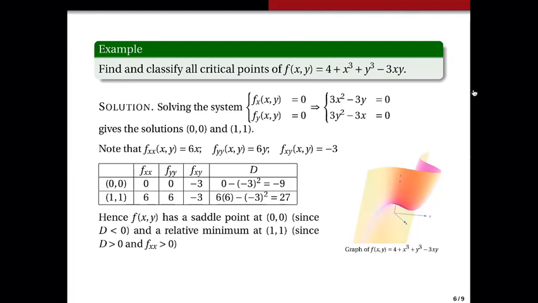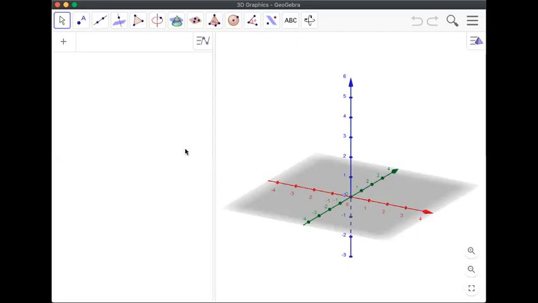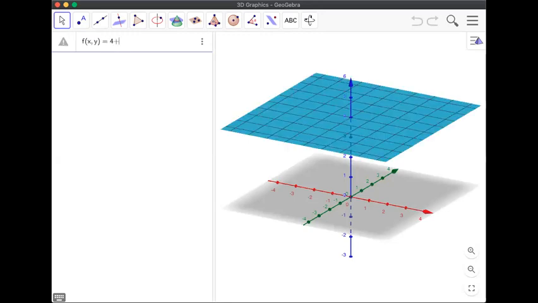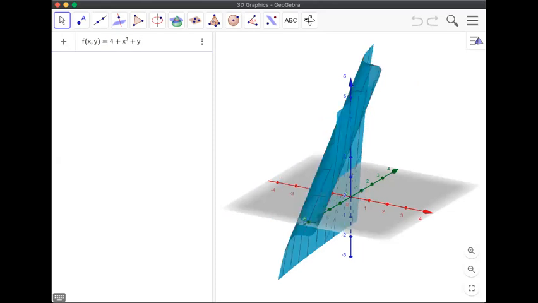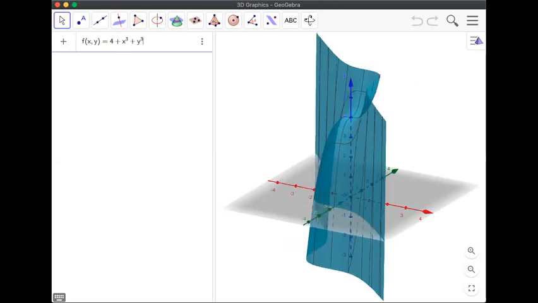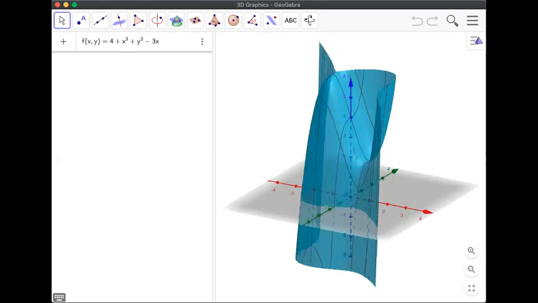In here, I now have 3D graphics. So let me just share the screen. So this is GeoGebra, and then let's have f of x, y equals 4 plus x cubed plus y cubed, and then minus 3xy.